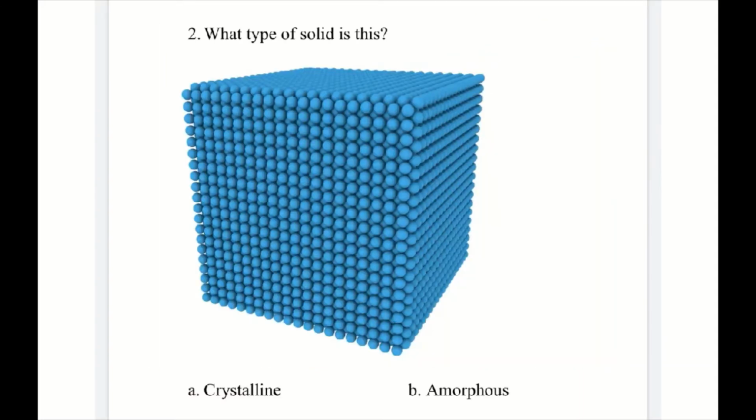Number 2, what type of solid is this? Is it a crystalline solid or an amorphous solid? Well, in a crystalline solid, the atoms or particles are arranged in an orderly state, while in an amorphous solid, the atoms are arranged in a less orderly state and tend to be less stable or less sturdy than crystalline solids.